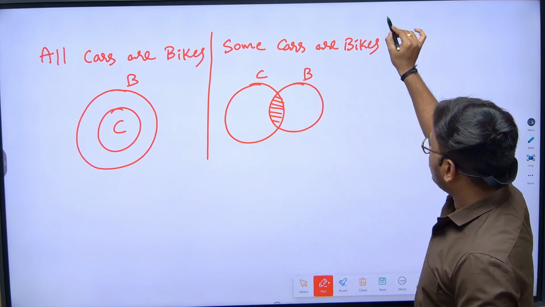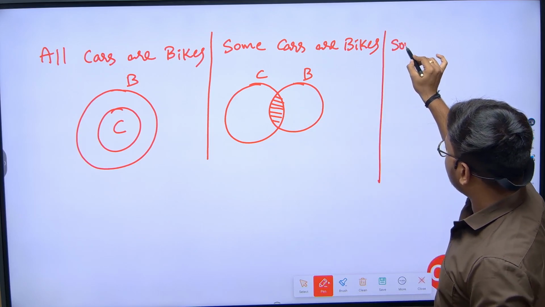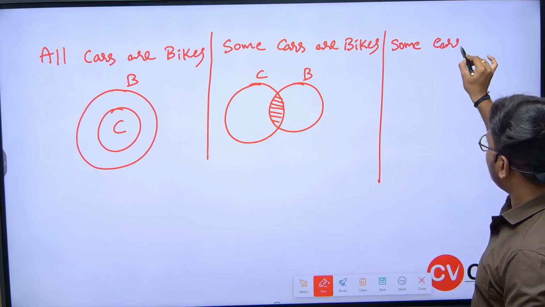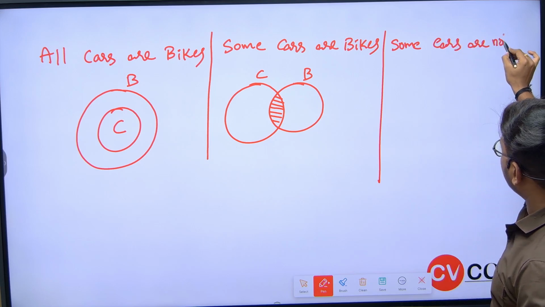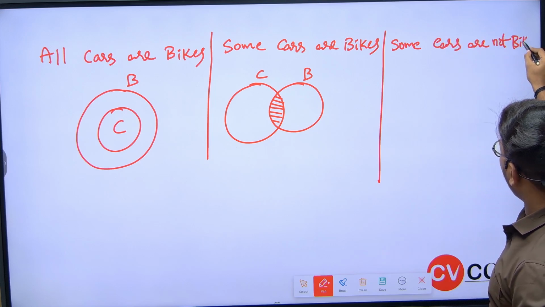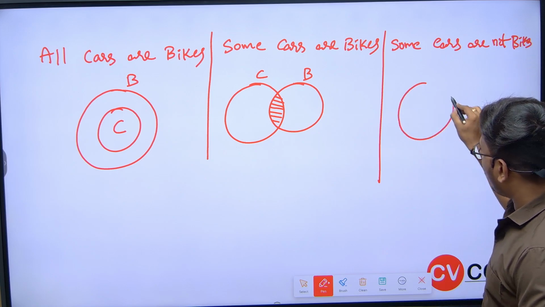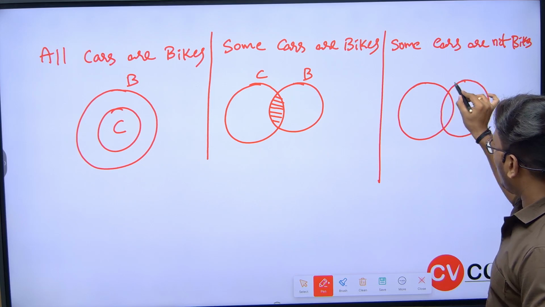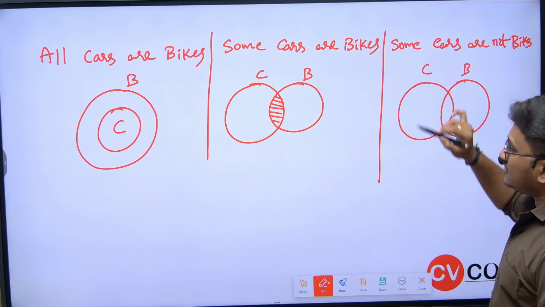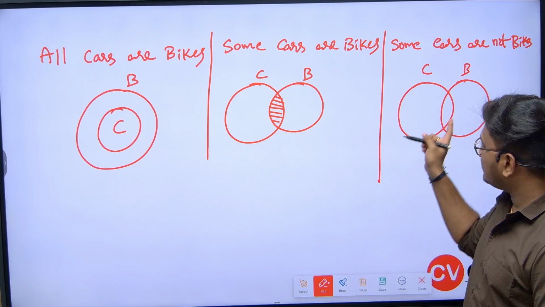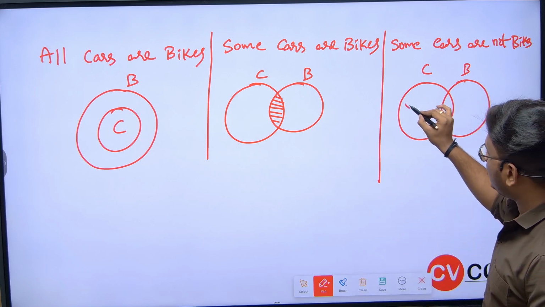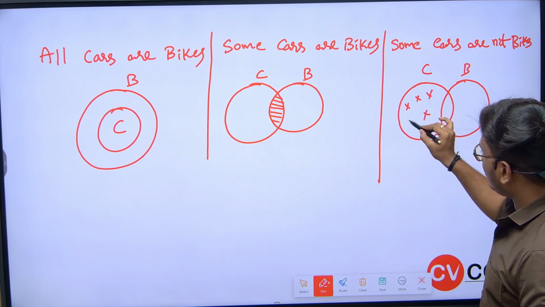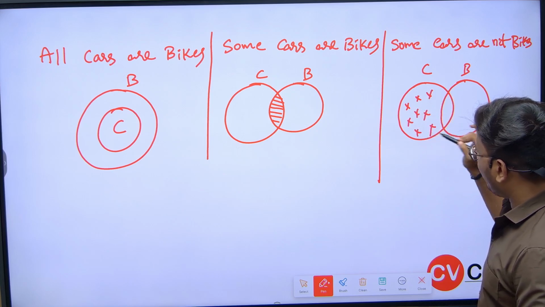Now the next one: some cars are not bikes. In the same diagram, this time you have to highlight the remaining part of the cars. This part indicates some cars are not bikes.